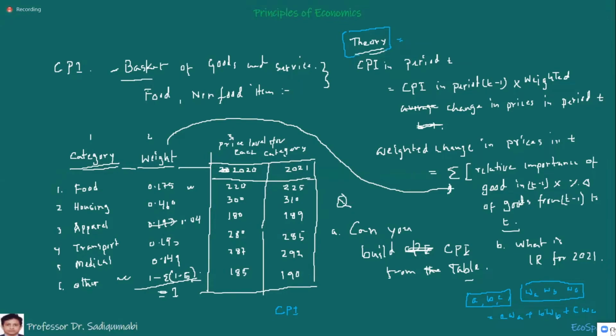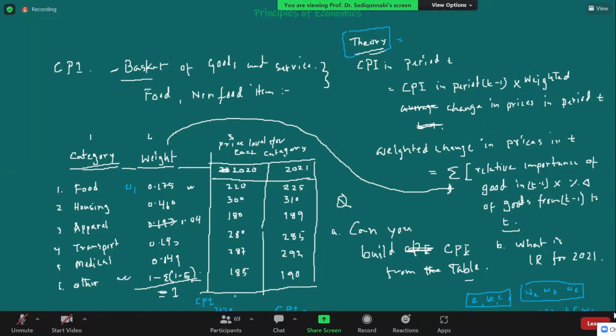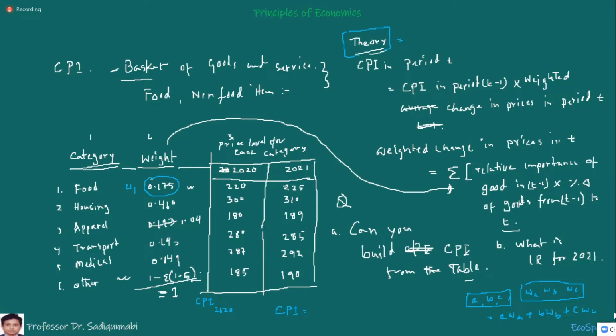If you multiply the elements by the weights, you get the weighted average. As we know that CPI is the weighted average, and these are the weights, this is W1 actually. So we can say that CPI 2020 could be measured by this times that. You can make a column for that.